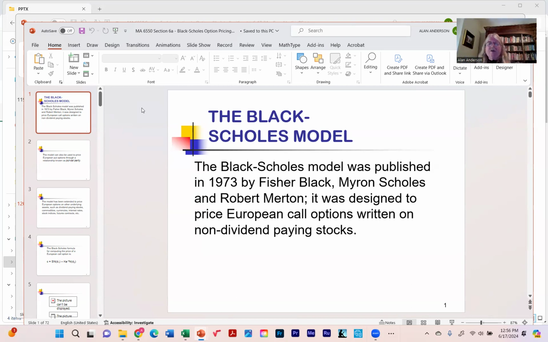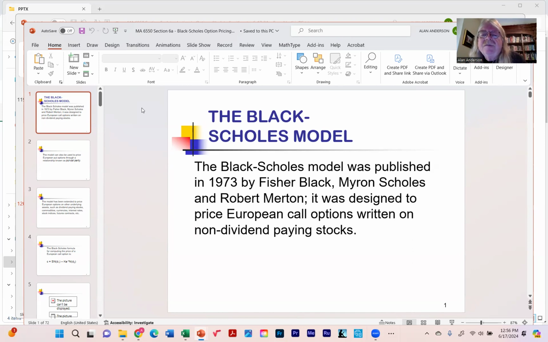Ironically enough, they published it in the Journal of Political Economy after being turned down by 8 other journals, which are now still kicking themselves over passing up on the original Black-Scholes model. It's like all those record labels that turned down the Beatles before they got to Capitol. It's like, okay, what were you thinking?